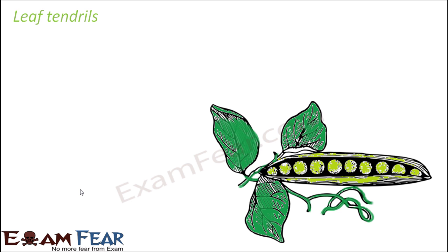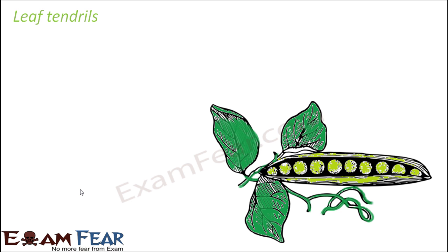The next one is the leaf tendrils. Tendrils come from the word tender, which means something soft and flexible. Now the way we talked about stem tendrils, when the stem gets modified into tendrils which act as climbing structures, similarly, in some plants the leaves get modified into coiled structures called tendrils, which attach the plant for support.